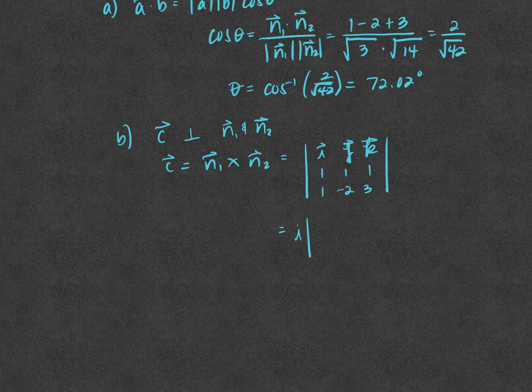So i times the cofactor 1, 1, -2, 3, minus j, and we have 1, 1, 1, 3. It's not a plus j, it's a minus j. And it's plus the vector k times 1, 1, 1, -2.